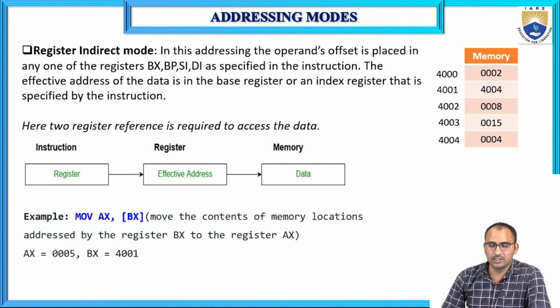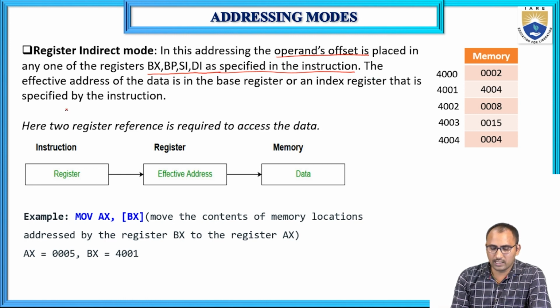And coming to the register indirect addressing mode. In this addressing mode, the operand's offset is placed in any one of the registers BX, BP, SI or DI, as specified in the instruction. The effective address of the data is in the base register or an index register specified by the instruction.